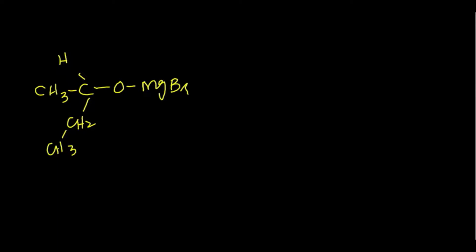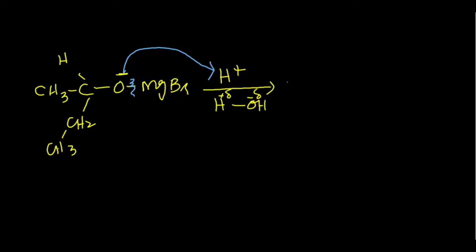Now if we do its acidic hydrolysis, in the presence of acid in water, then we will see how the reaction takes place. This oxygen has negative charge on it. With the help of this negative charge, oxygen is protonated. It means oxygen abstracts this proton from the medium, and the bonding electron density between oxygen and magnesium will be cleaved, right?